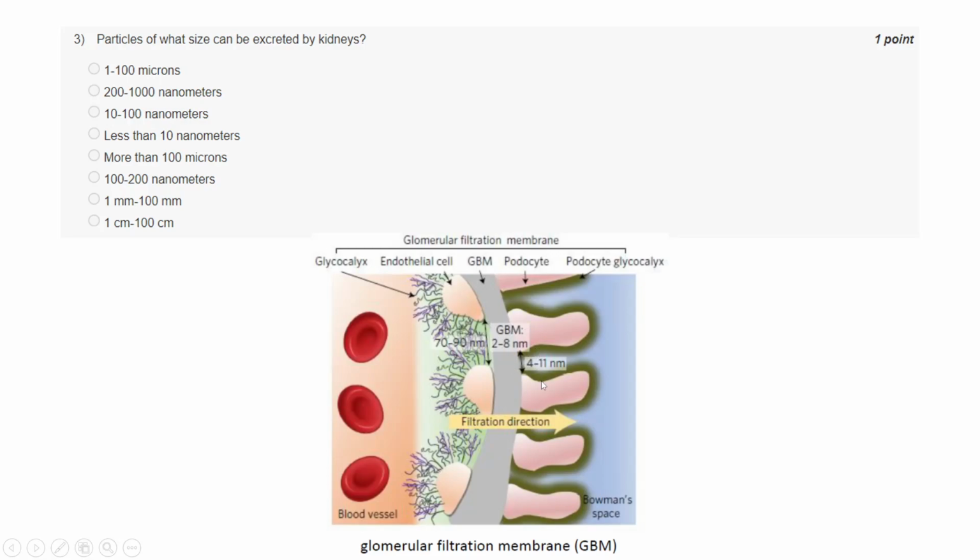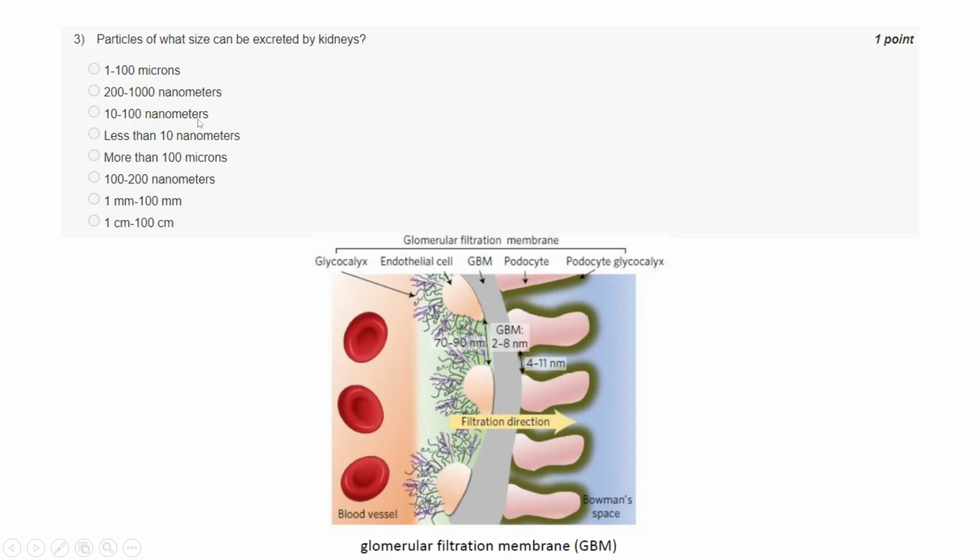That gap is only of a dimension of 4 to 11 nanometers. So anything higher than 10 nanometers will not be filtered by the kidneys as it goes through all these layers. The question is asking us particles of what size can be excreted by the kidneys. So the answer will be the fourth option, that is, less than 10 nanometers.